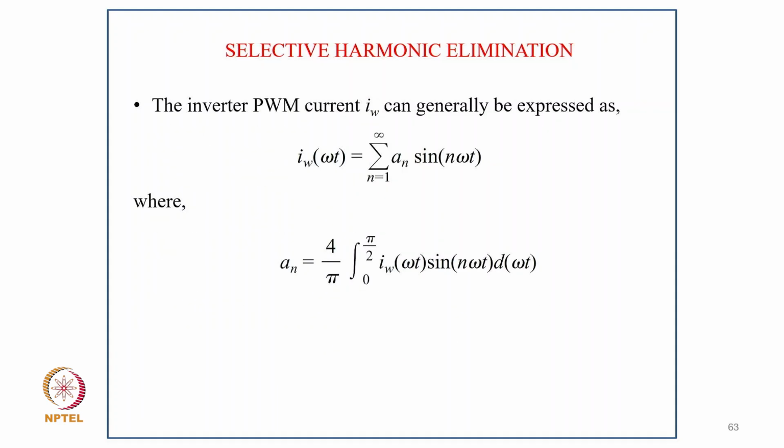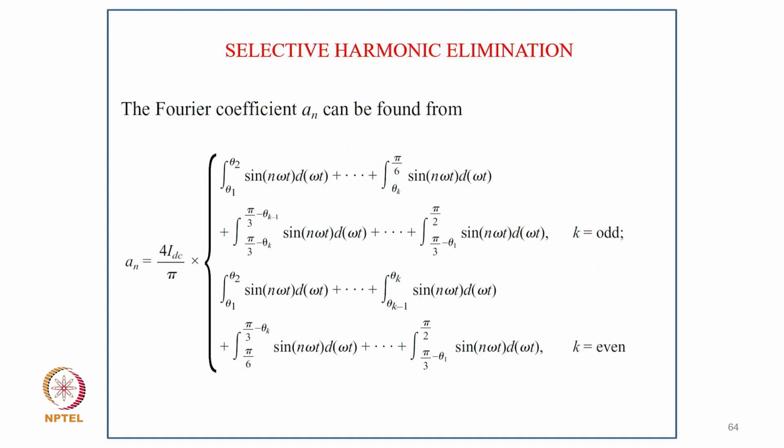The inverter output current IW can be generally expressed as IW(ωt) equal to the sum from n equal to 1 to infinity of an sin nωt, where the Fourier coefficient an equal to 4 upon pi times the integral from 0 to pi by 2 of IW sin nωt dωt. This can be found out typically as an equal to 4 ID upon pi times the integrals over the different switching periods, from θ1 to θ2 of sin nωt, plus minus terms up to θk, with pi by 6, pi by 3 minus θk, and pi by 3 minus θk minus 1 as limits, of sin nωt dωt.